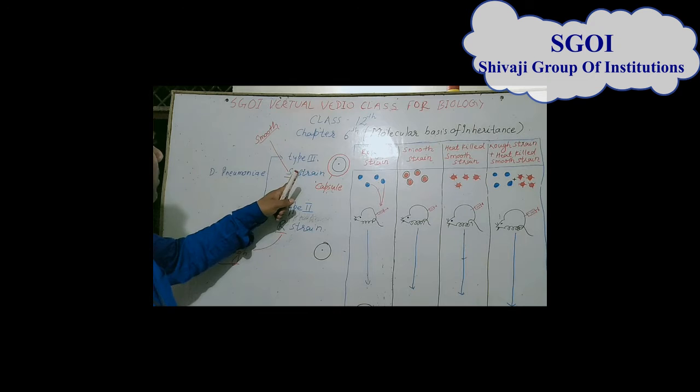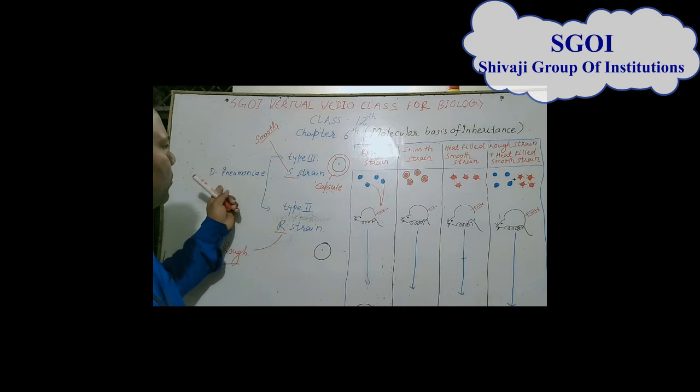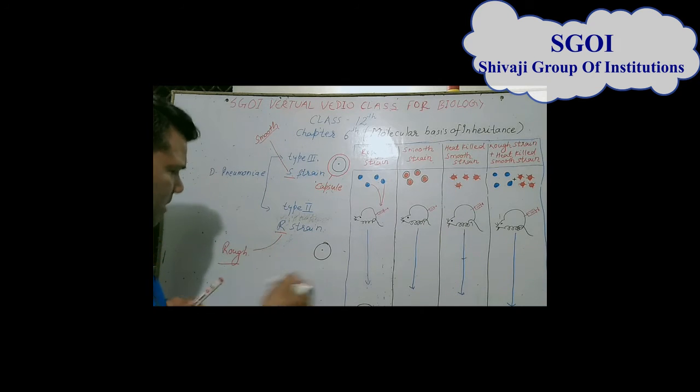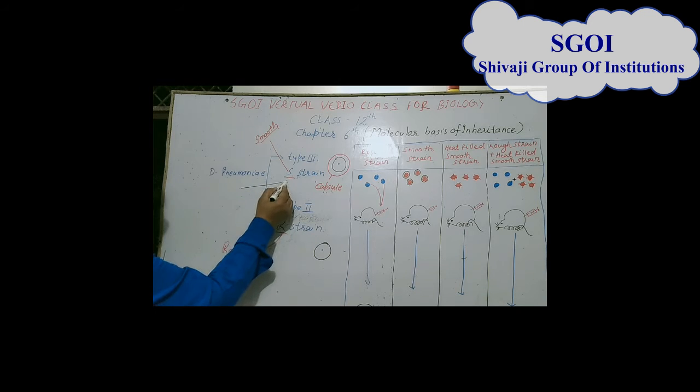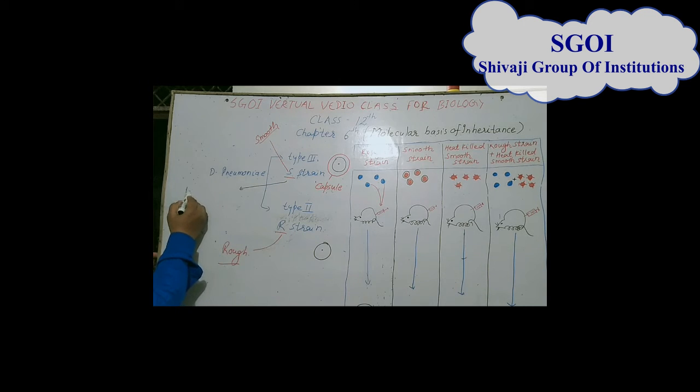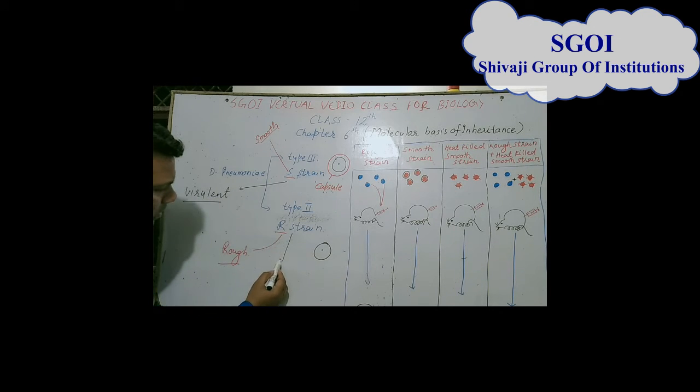This S strain of Diplococcus pneumoniae is virulent, and this R strain of Diplococcus pneumoniae is non-virulent.